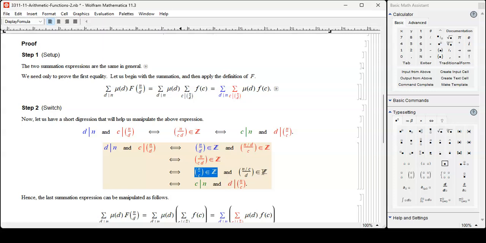And D dividing N over C is N over C over D is an integer. And exactly the same computation follows. Push C downstairs and we get N over CD is an integer. And that's stronger than this green, so it absorbs this green just as it absorbed this blue. So the conclusion, this blue-red is equivalent to this green and red.